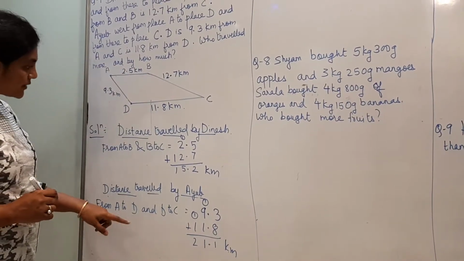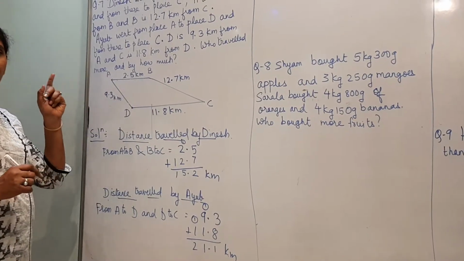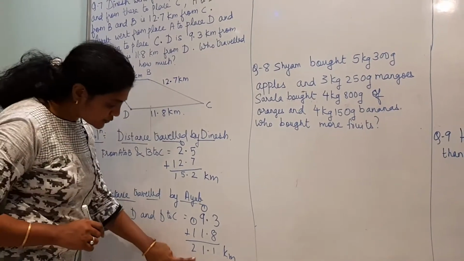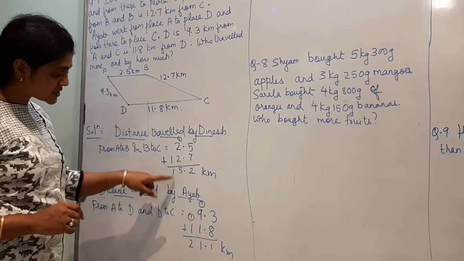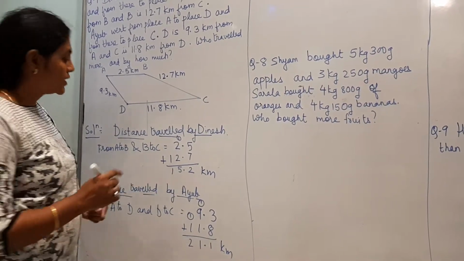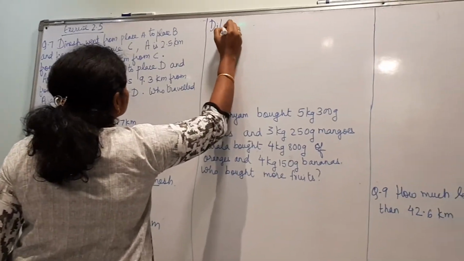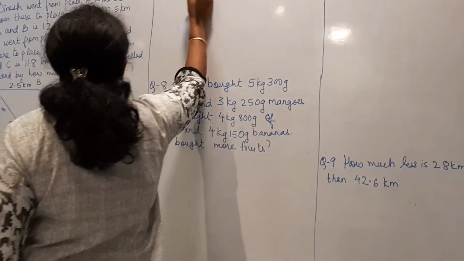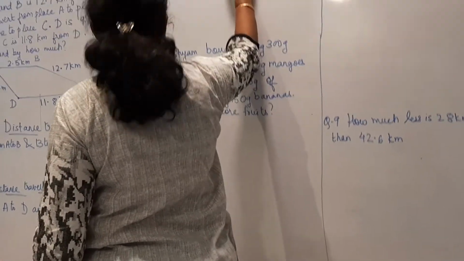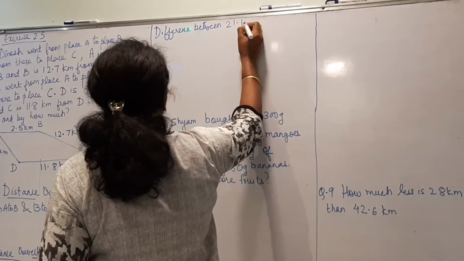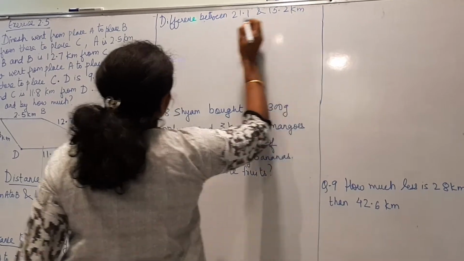So who travelled more? Yes, Ayub travelled more than Dinesh. By how much? By how much means you have to subtract 21.1 minus 15.2. So you have to write the difference between 21.1 and 15.2 kilometer.